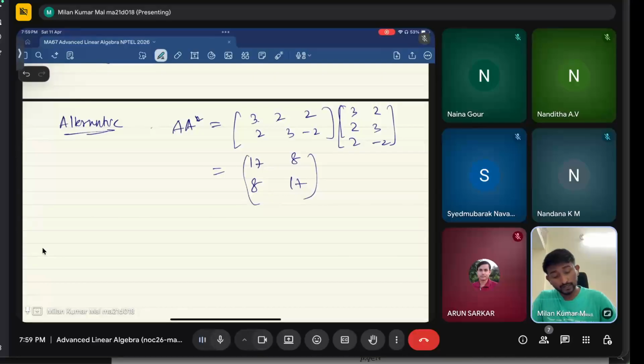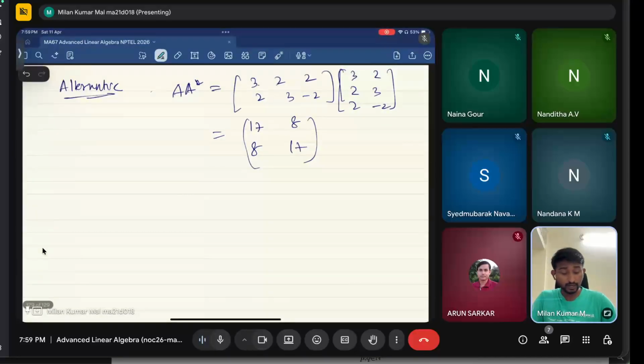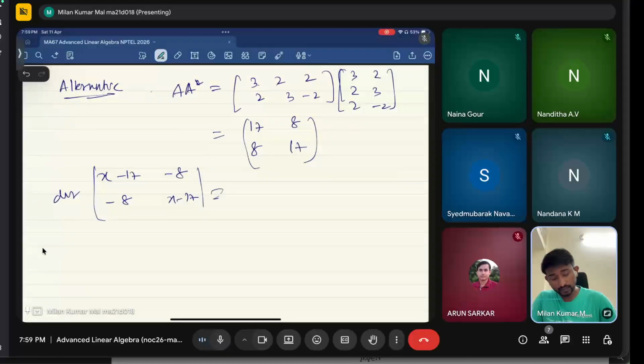Now what are the eigenvalues? Eigenvalues here it is clear, I think. If I consider the characteristic equation, the determinant of x minus 17, minus 8, minus 8, x minus 17, is going to be x minus 17 square minus 64, minus 8 square.